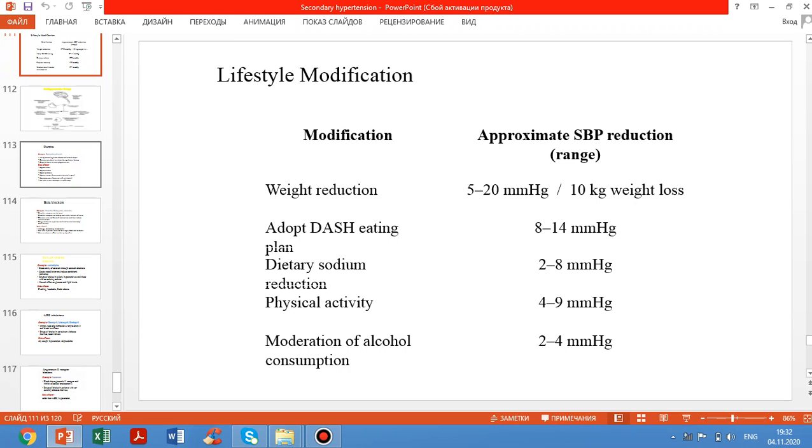Dietary sodium reduction can decrease the BP 2 to 8 mmHg. Physical activity decreases BP 4 to 9 mmHg. Moderation of alcohol consumption decreases the BP 2 to 4 mmHg.